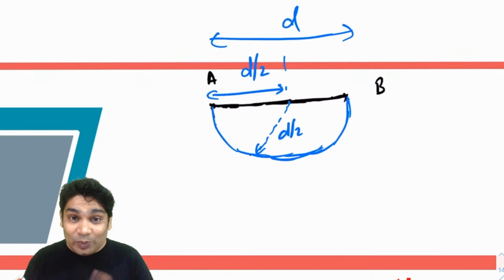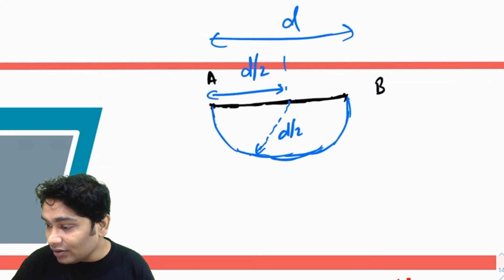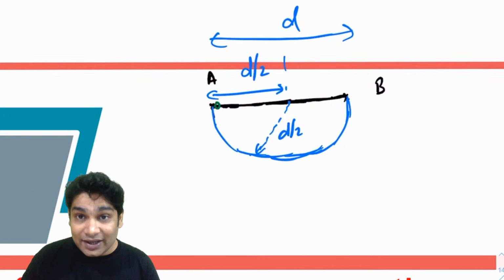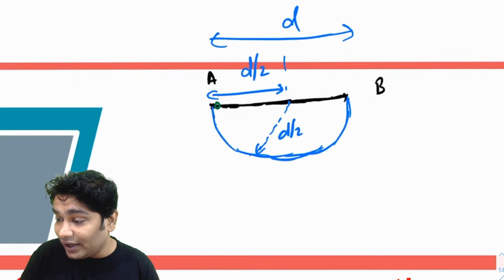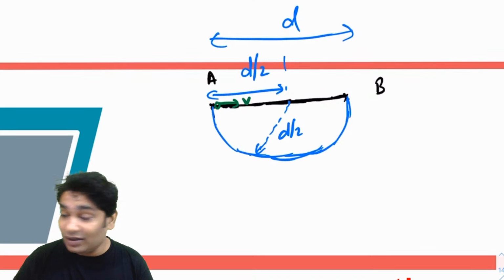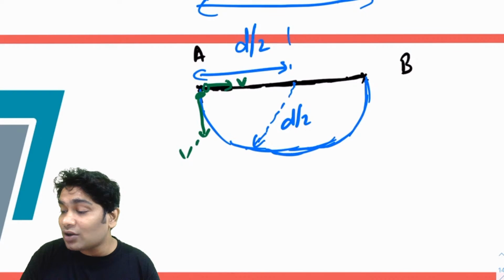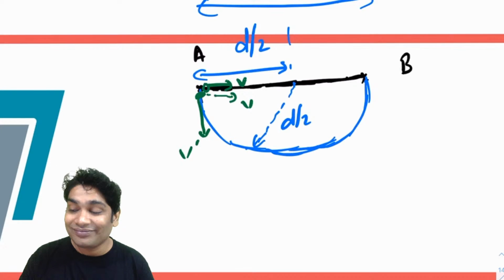Now there are two beads. One bead here is released from A with an initial speed of v. Now another is released from here with an initial speed v dash such that its horizontal component is v.